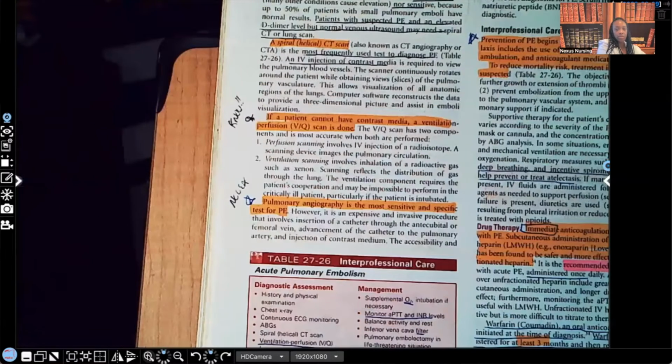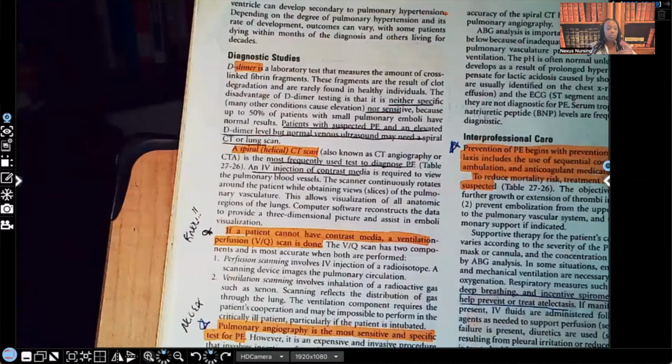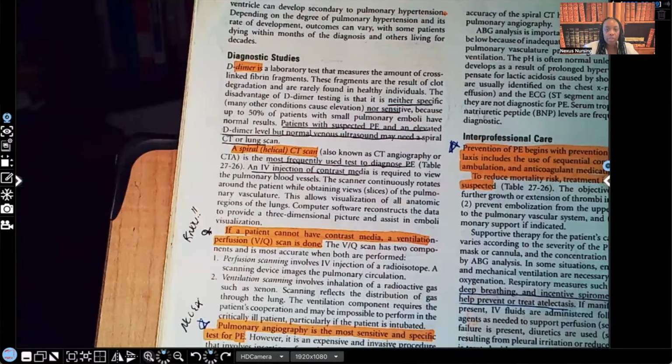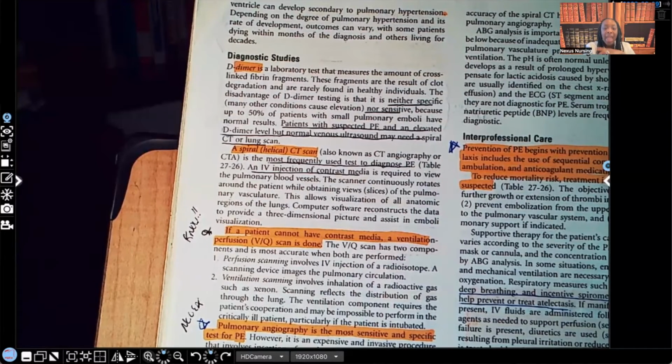Diagnostic studies. There are several, so they can do the D-dimer. The thing about the D-dimer, it's not really specific and not very sensitive. Excuse me, I have to have my coffee. So patients with suspected pulmonary embolism, if they have elevated D-dimer, but their venous ultrasound is normal, they most likely will do a CT or a lung scan.